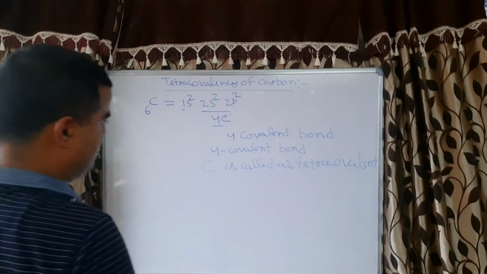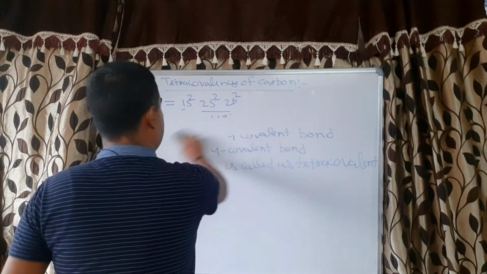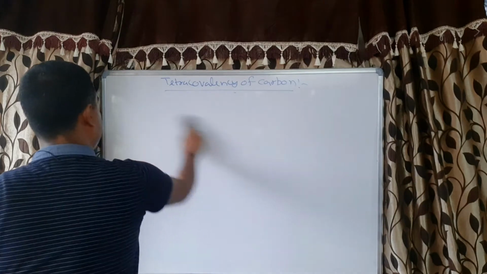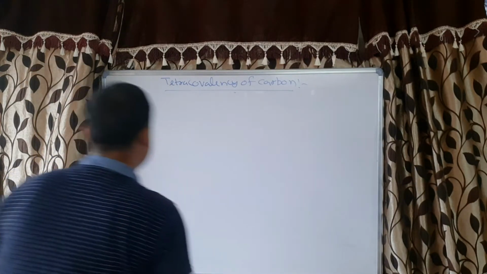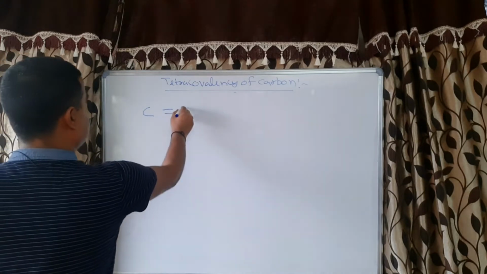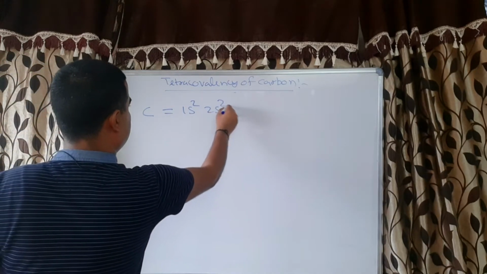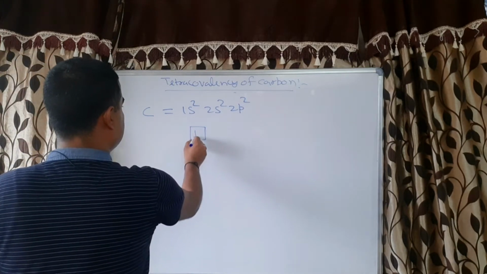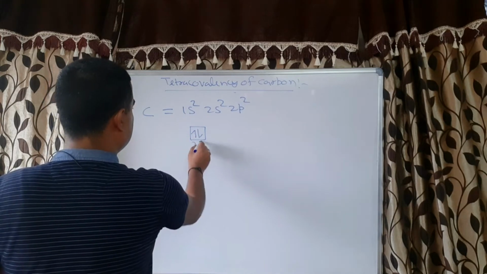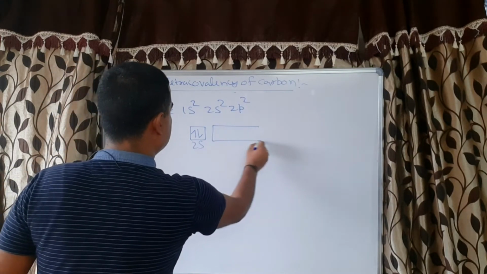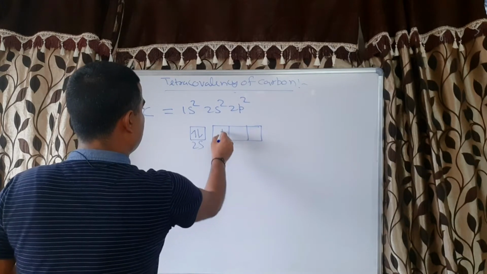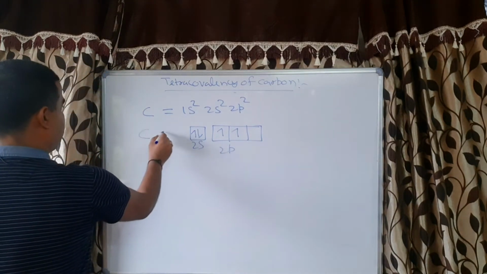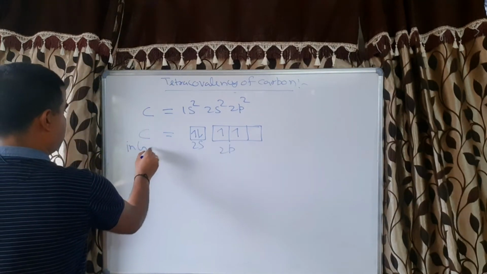Correct? Now how will it share the 4 electrons? That we will see here. As I told you, the configuration of carbon is 1s2, 2s2, 2p2. It means in the valency shell, this is the 2s2 and this is 2p2. Correct? This is carbon in the ground state.